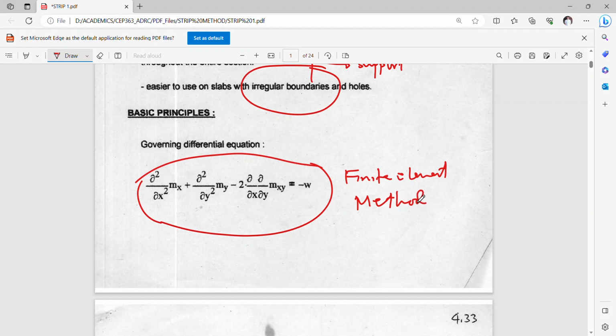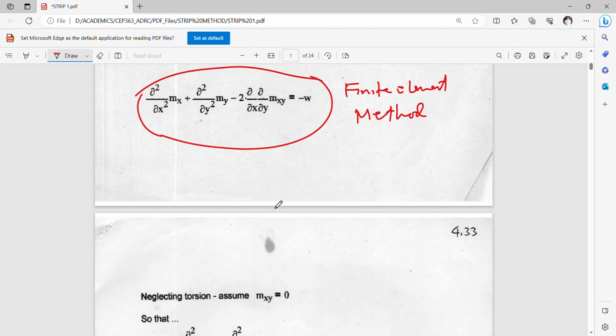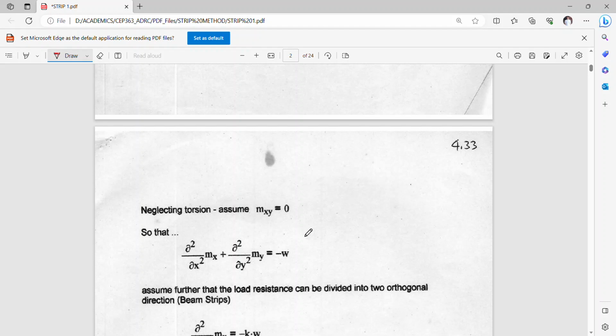So this is exactly the same formula that the strip method is following, provided that a lot of assumptions are made to simplify the finite element solution. So the strip method is more or less a simplification of what the FEM is all about.